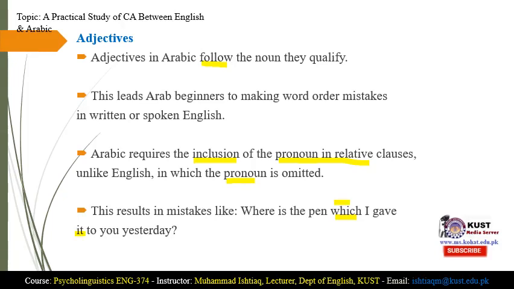So they make two mistakes. In English, the adjectives precede the noun, whereas in Arabic they follow. English omits the pronoun in a relative clause, whereas Arabic retains it. So definitely there will be problems for Arabic speakers learning English.